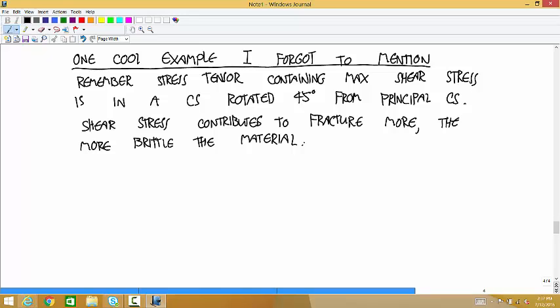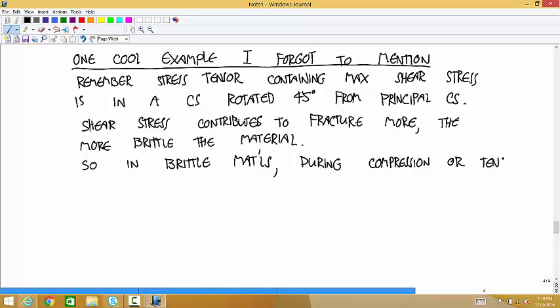And the way that shows itself is in brittle materials, when they break in compression or tension, the fracture pattern always occurs at a 45-degree angle from the loading axis.